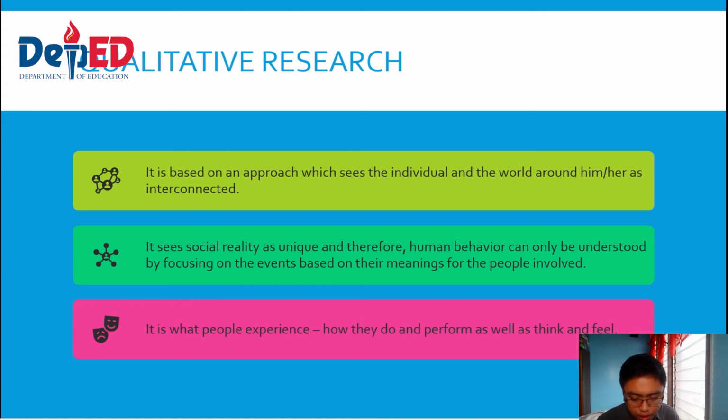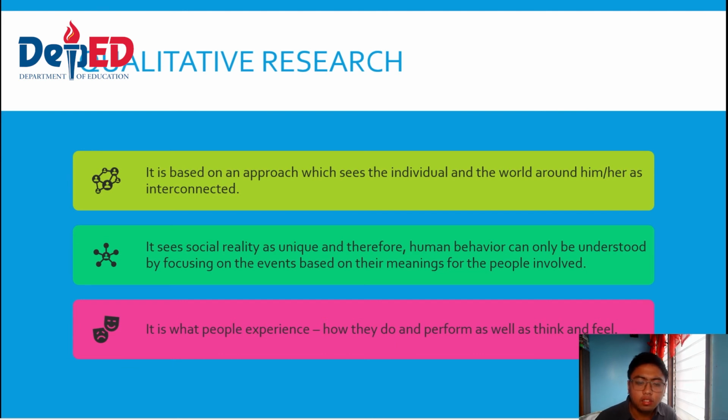To make it simple, a person, let's say you, you're observing yourself, you are connected to the things around you. Everything that is happening to you is because of the surroundings that you are going around. That is one of the main concerns of qualitative research.